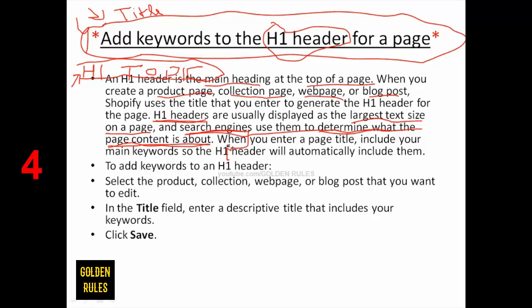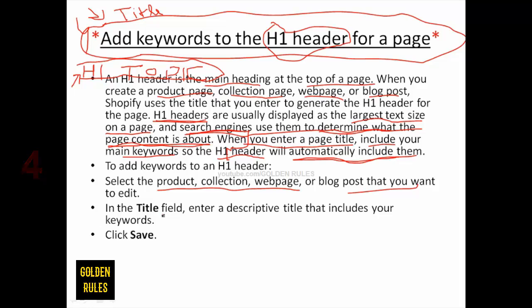And the second important thing, when you enter a page title, include your main keywords, so the H1 header will automatically include them. So try to include the main topic, the main keywords in both the H1 header and title. To add keywords to an H1 header, select the product, collection, web page or blog post that you want to edit.